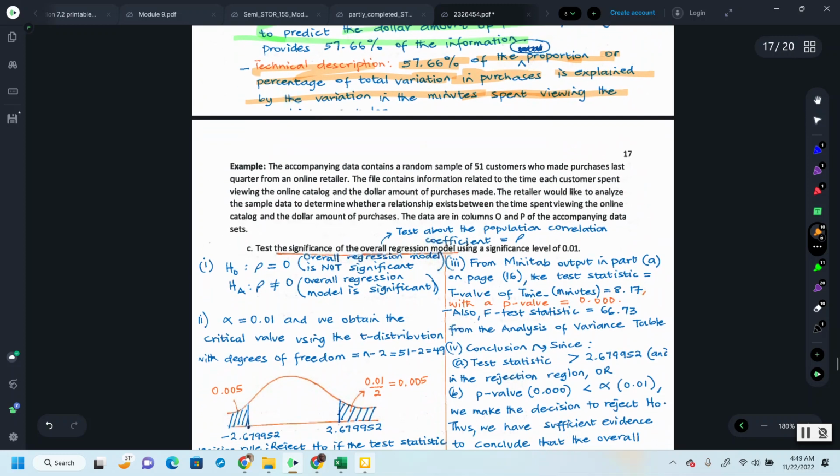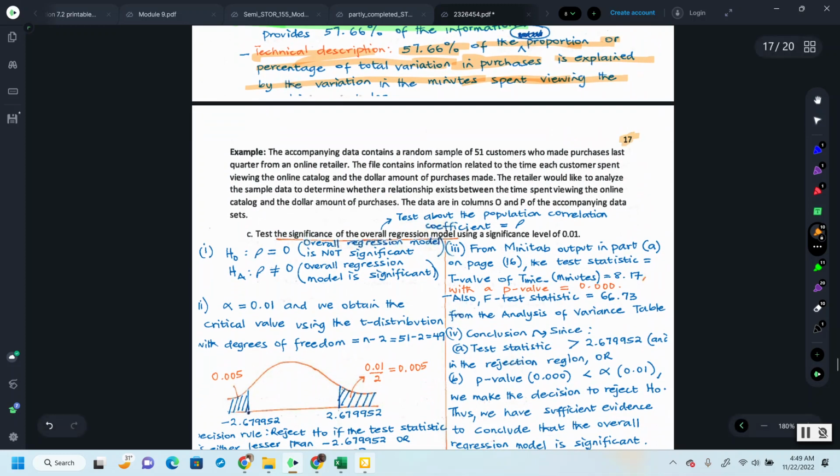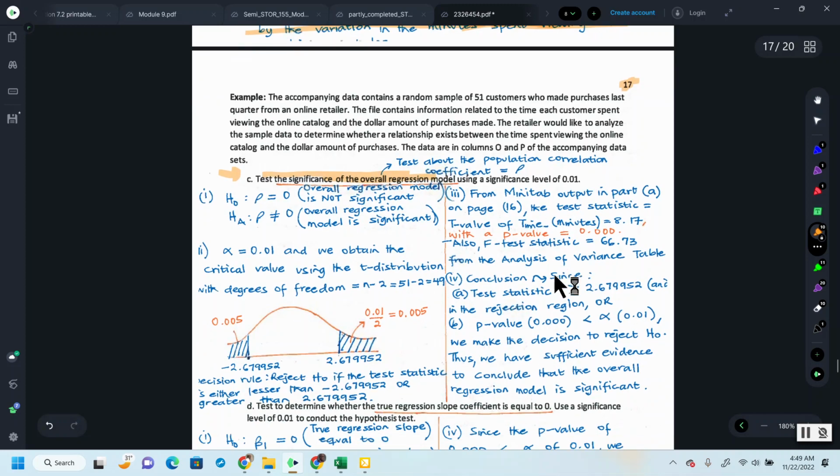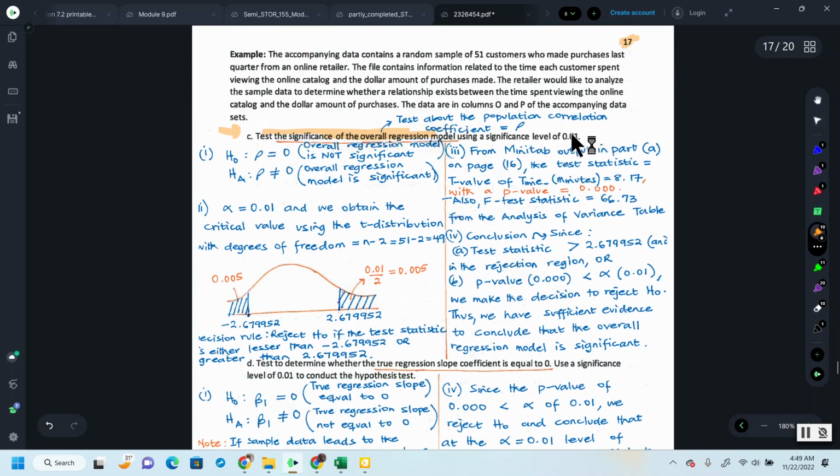So still the same question on page 17. This time on question C, we have to test the significance of the overall regression model using a significance level of 0.01. As usual, to test the significance of the overall regression model, this will be connected to the population correlation coefficient.